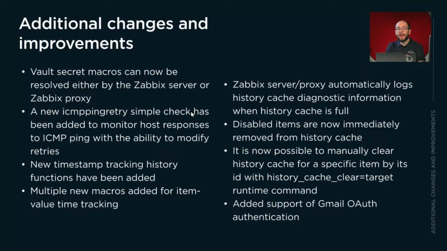And we can now manually clear the history cache for a specific item. So if we diagnose that one item is filling up our history cache, maybe it's misconfigured, maybe it's collecting extreme amounts of data that we're unable to flush in time, we can use history cache clear and then specify the item by its ID, and history cache will be cleared of the entries from that item.